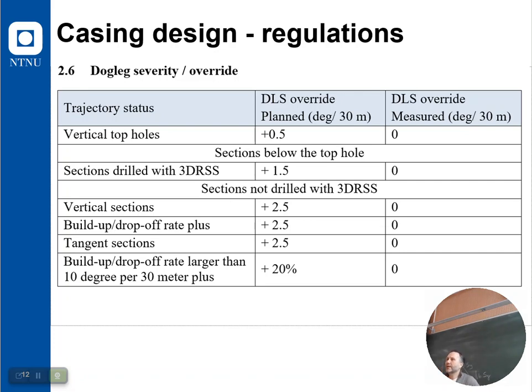It means that if you plan a dogleg, say vertical top hole, it says plus 5.5 degrees. Okay, so whatever you do in your calculation, it's going to calculate with a small deviation, right? Because you never drill a straight hole, do you?